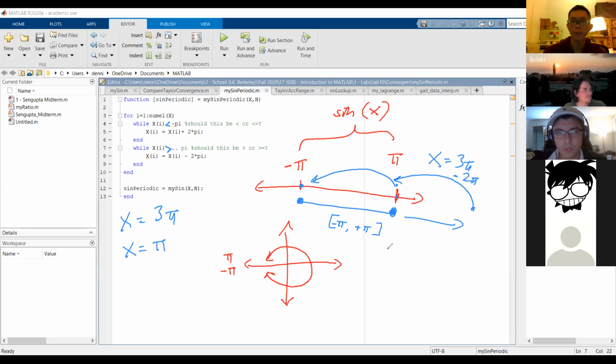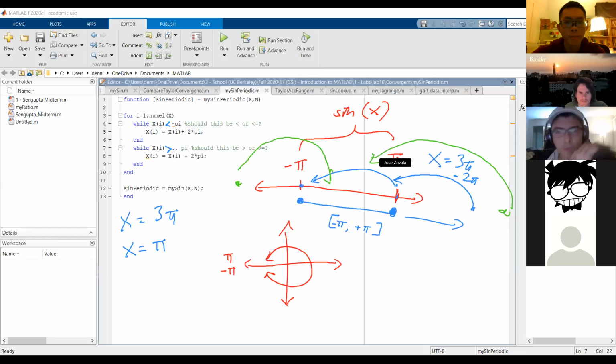Check the PDF if you're not sure. Why are we doing that? If we have a point over here, why do we need to bring it to this range? Because the Taylor series is inaccurate the further away you get from the point that you're measuring from.